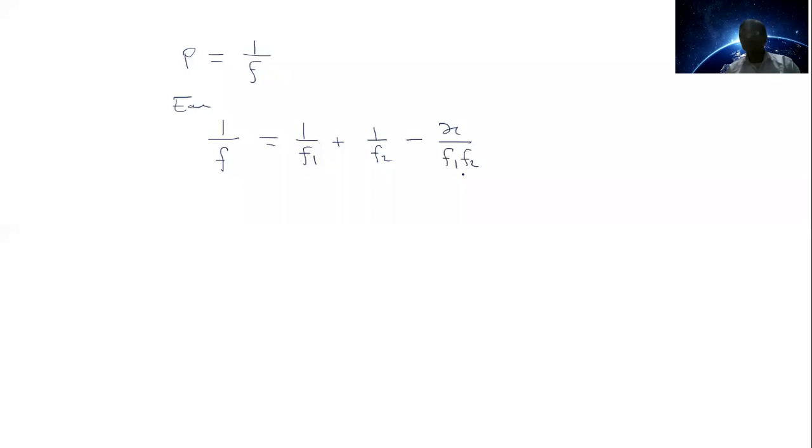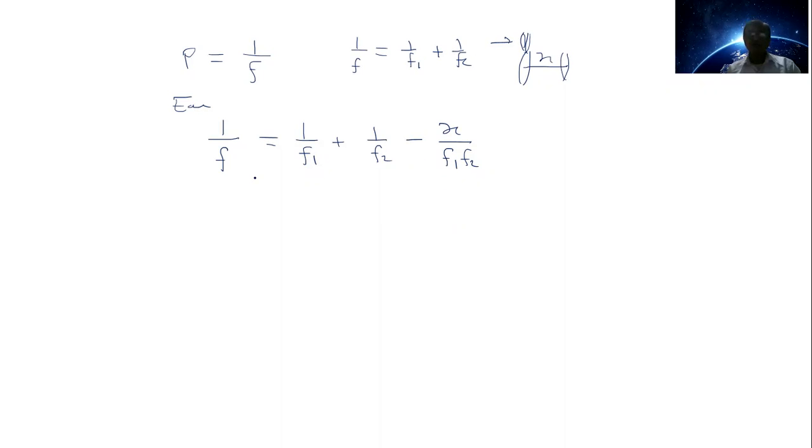We have just found out this relation, for the case where the two lenses are separated by the distance X. And in the earlier relation, 1 upon F is equal to 1 upon F1 plus 1 upon F2, the value of X is 0, meaning both the lenses are combined together.